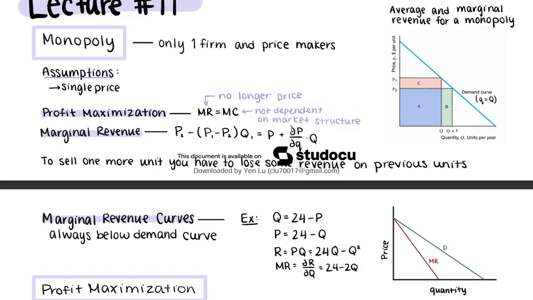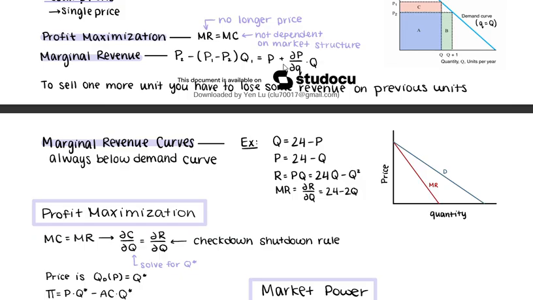But now remember the monopolist has the poisoning effect. So to sell one more unit, you have to lose some revenue on all the previous units.